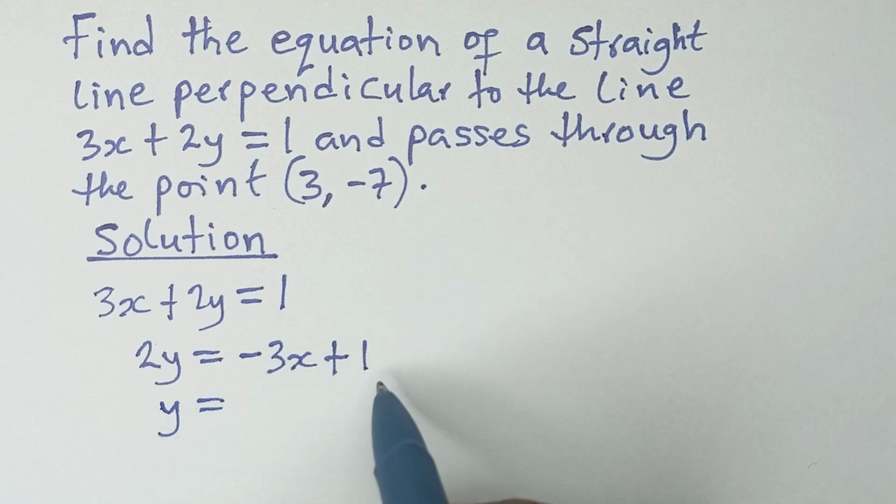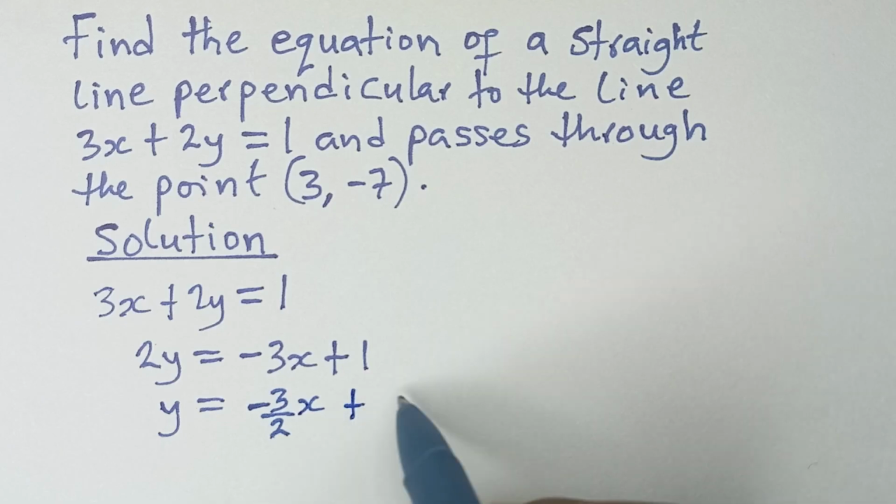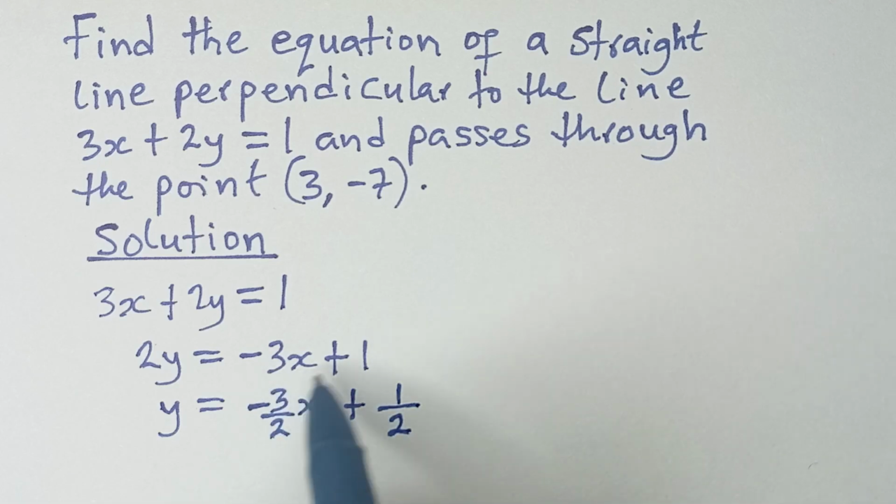And then dividing the right hand side by 2 means we divide each term by 2. So I have negative 3 over 2 x, and then plus 1 divided by 2.